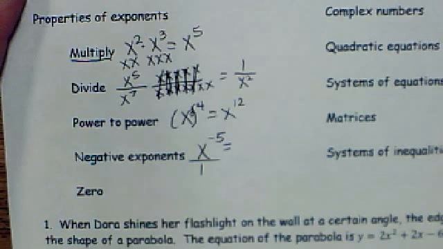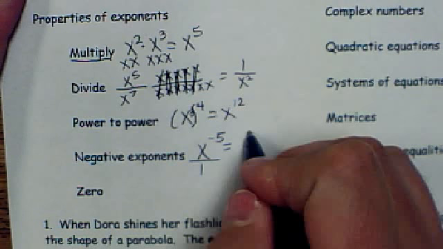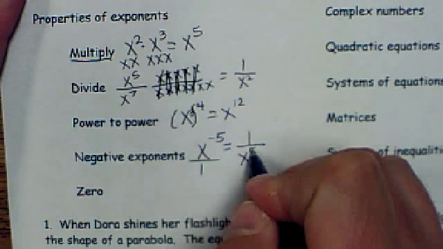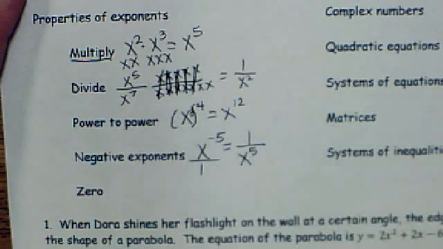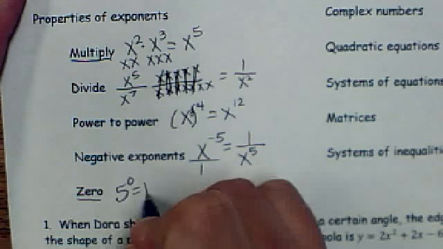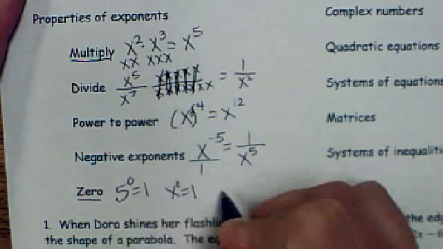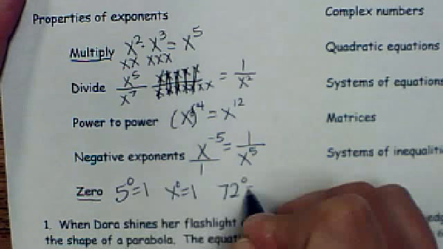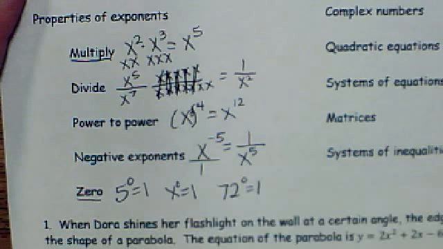The reciprocal of that would be 1 over x to the 5th. And when you do that reciprocal, that exponent becomes positive. Anything to the 0 power equals 1. So 5 to the 0 is 1, x to the 0 is 1, 72 to the 0 is 1, anything to the 0 is 1.